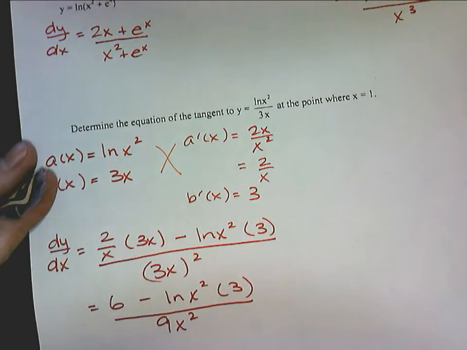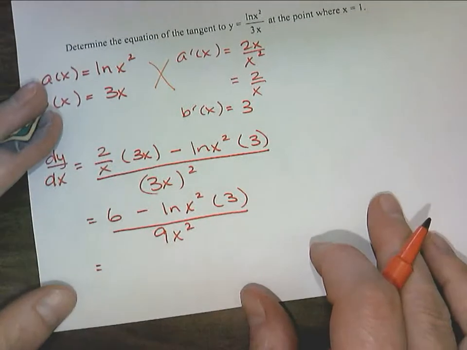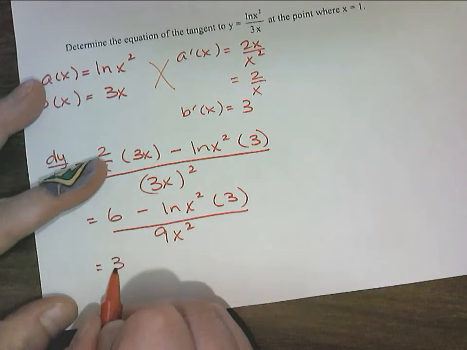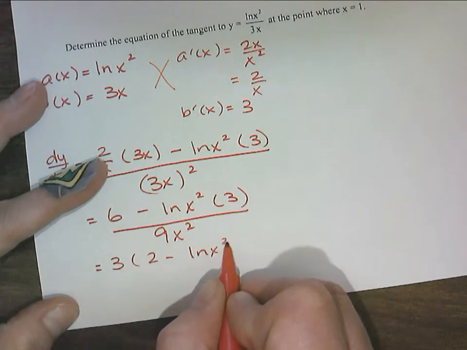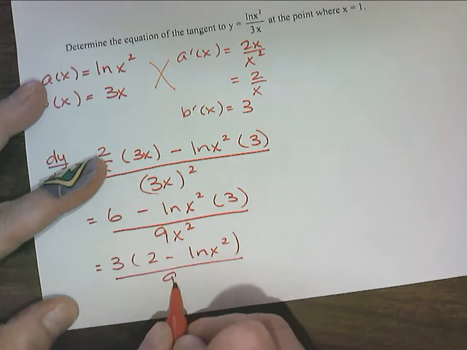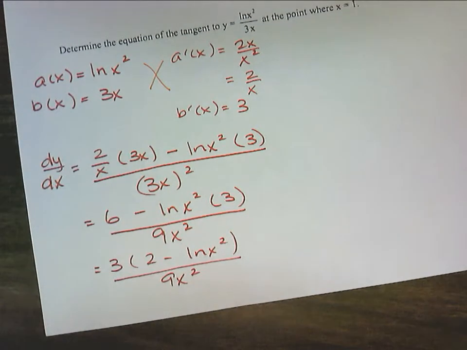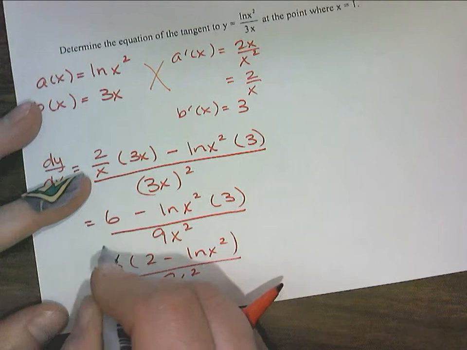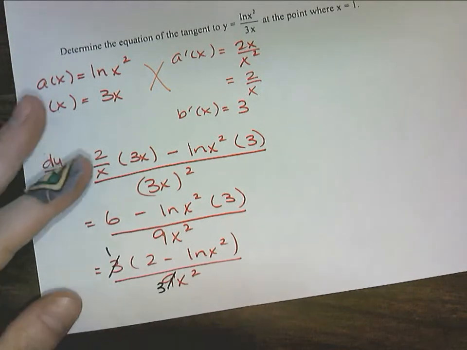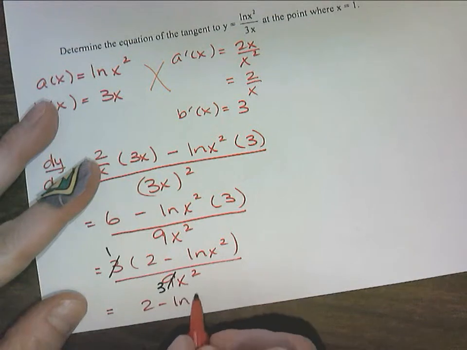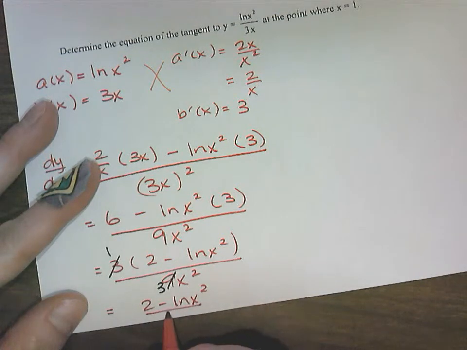Well, I can factor out a 3. So I'm going to write 3, and I'm left with 2 minus ln x squared all over 9x squared. Well, the 3 and the 9 can reduce. And I'm left with 2 minus ln x squared all over 3x squared.